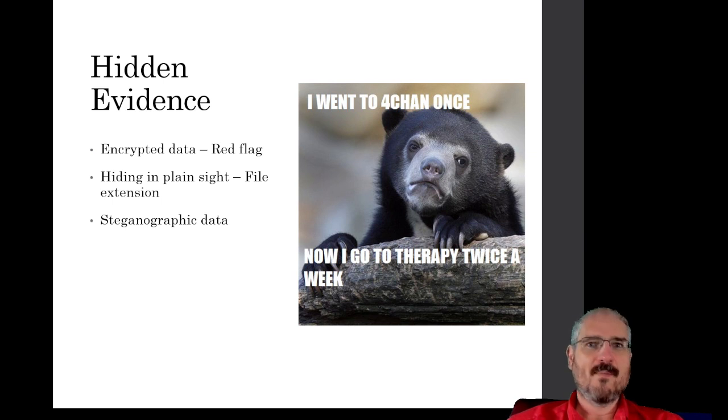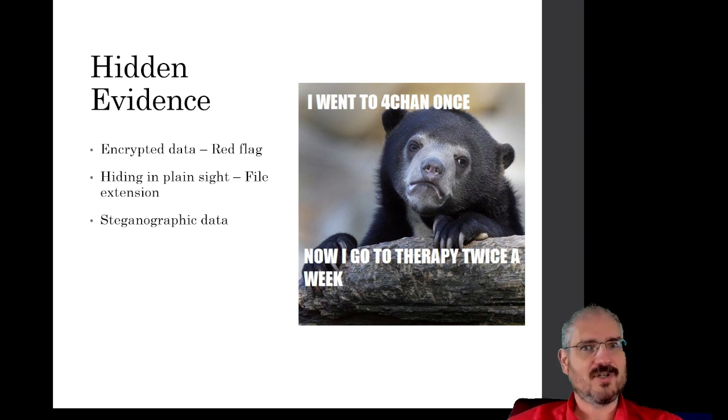Now, remember what I said a little earlier. Every file type has its own header and footer. Thus, if that computer is put through digital forensic software, the software is going to say, hey, this file is listed as a .dll, but the header of the file clearly indicates that it's a .avi.